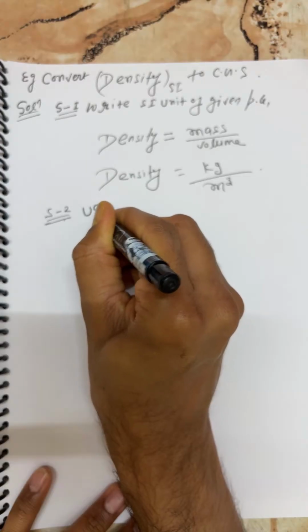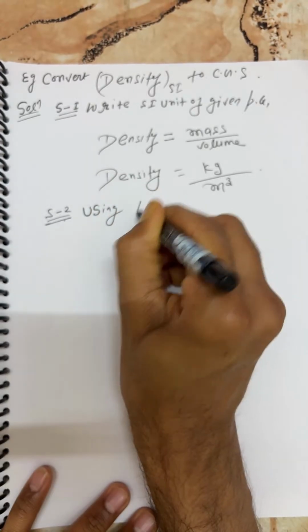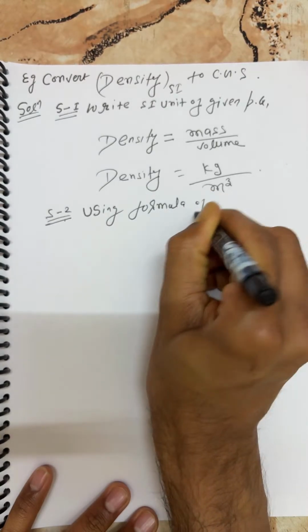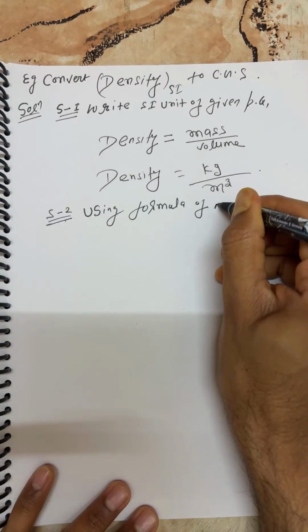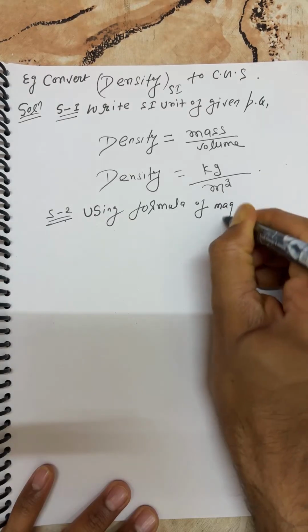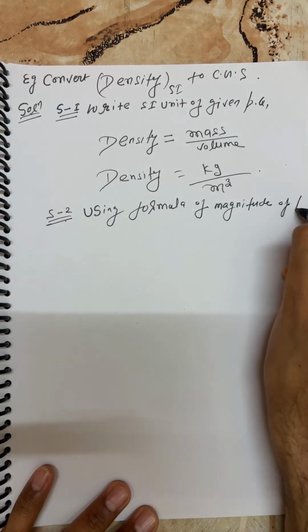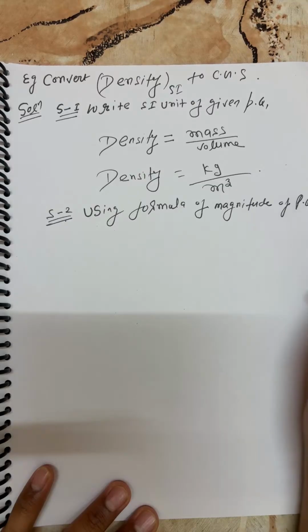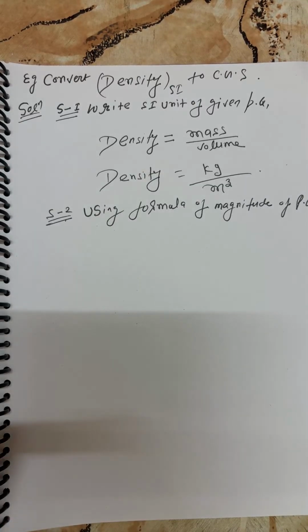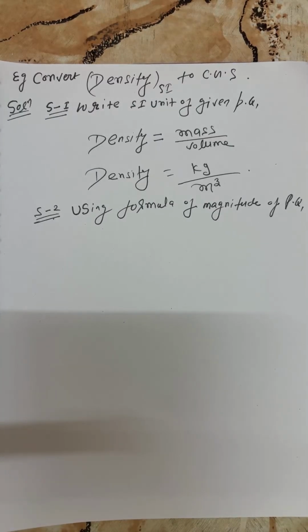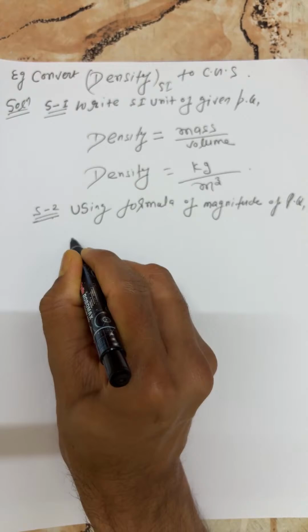Now have a look, students, at step 2: using the formula of magnitude of physical quantity. What is the formula here?